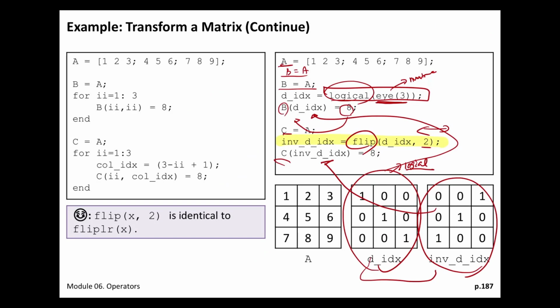So the bottom line is, when you change the value in the matrix, you first get the logical matrix that satisfies the condition that you're looking for. And then you can directly put this logical matrix in the index vector. That is called logical indexing.